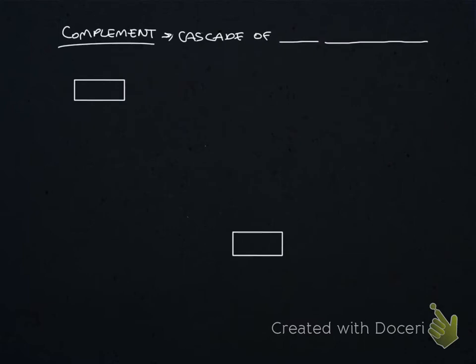The last tool the innate immune system has that we're going to talk about to fight against a pathogen is the complement system. And the complement system is a cascade of about 25 proteins. Okay.